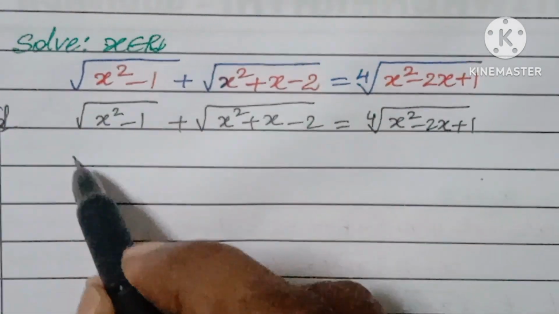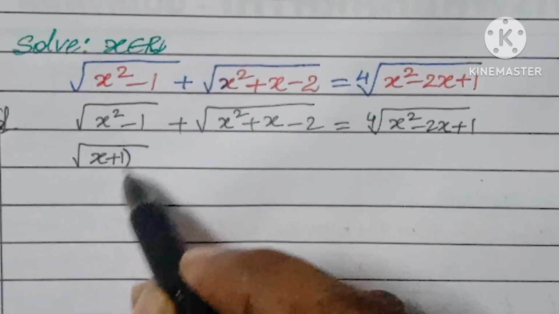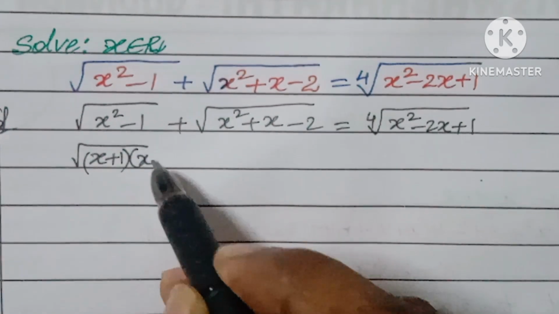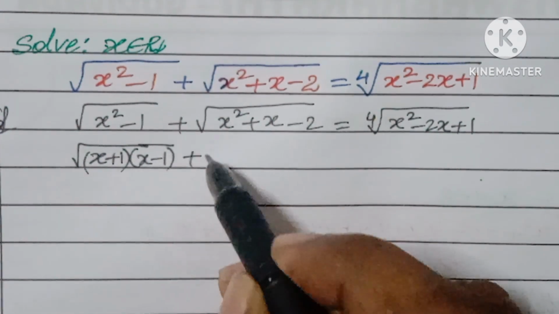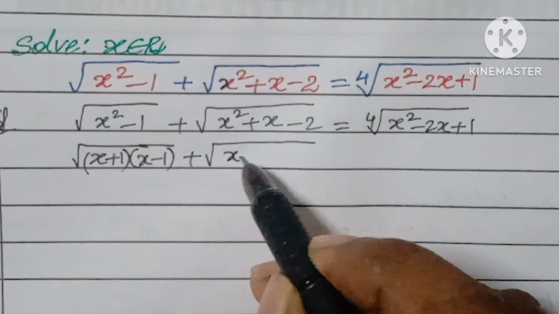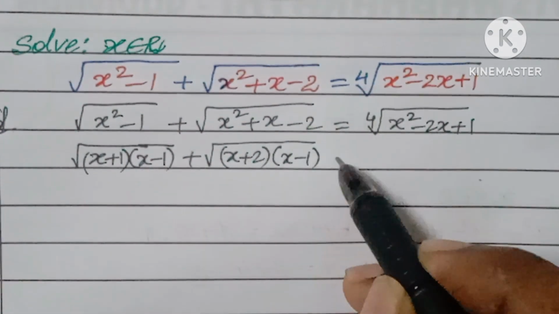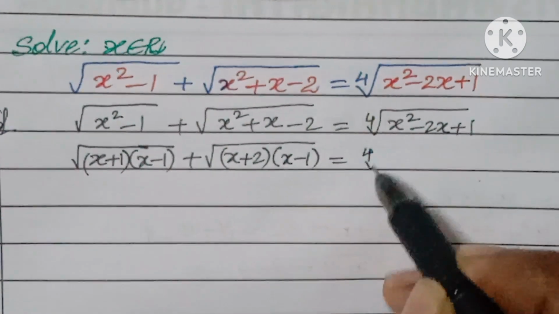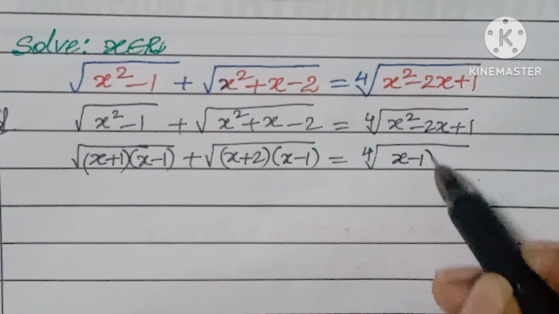So you can write it as factors. This is a squared minus b squared, which is a plus b into a minus b. So you'll get x plus 1 into x minus 1. This you can write as factors x plus 2 into x minus 1. Here also you can write it as x minus 1 whole squared.